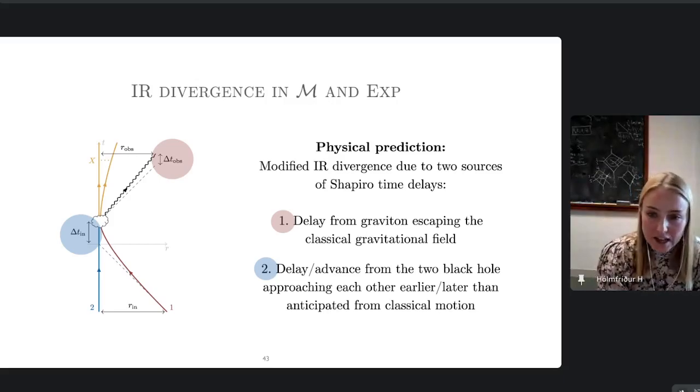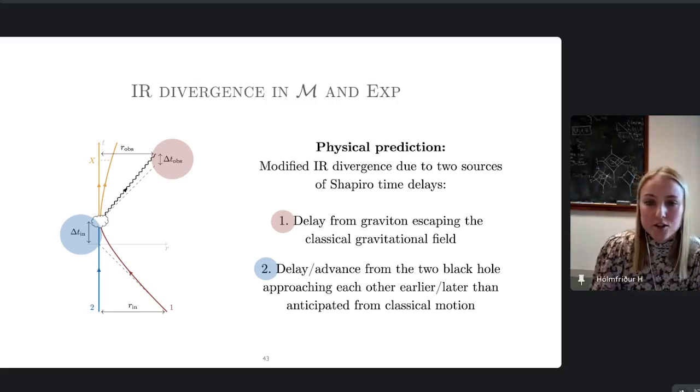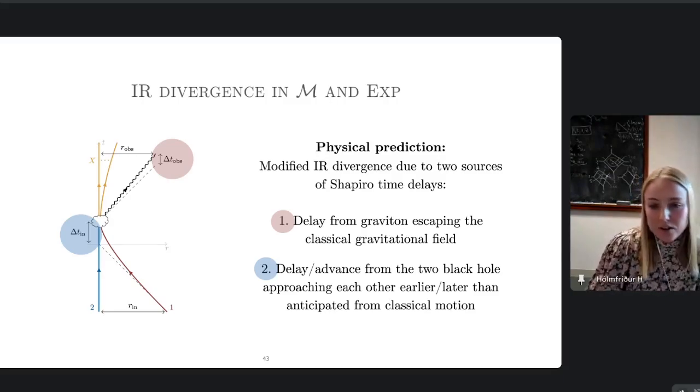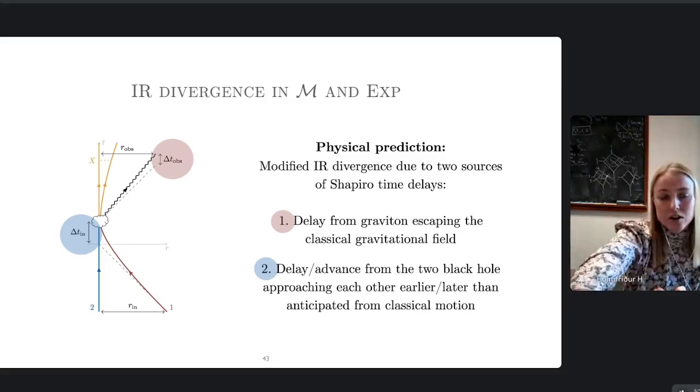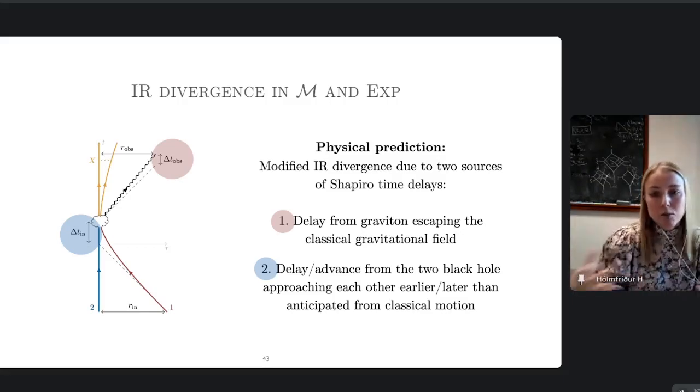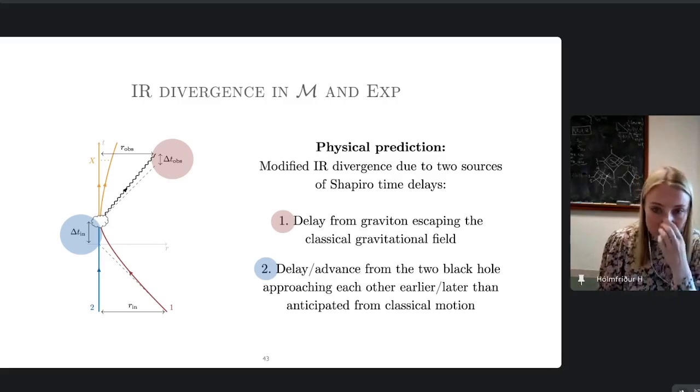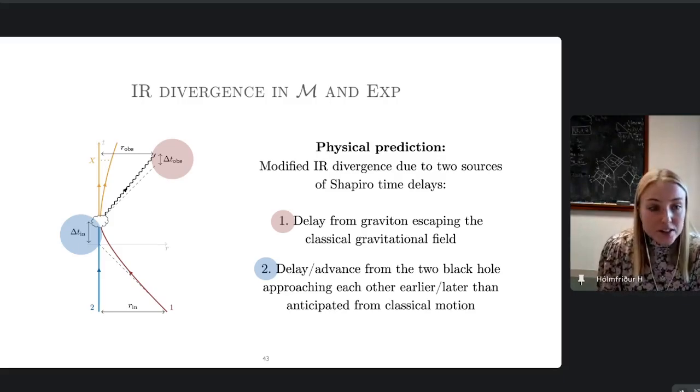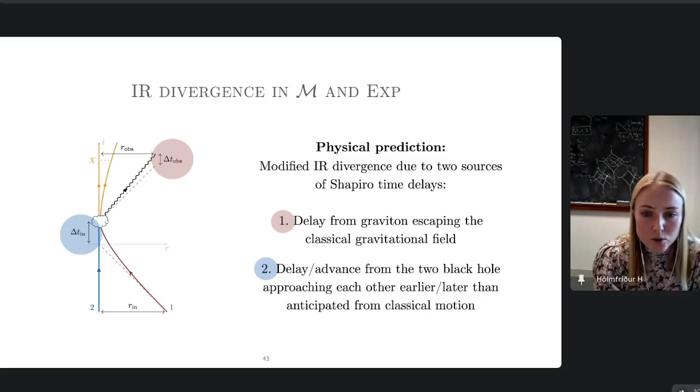One delay is from the graviton escaping the classical gravitational field, and this one is very easy to understand. It's basically the usual redshift as the graviton is moving along to future infinity, but it still knows about the classical gravitational field of the black holes that are still there in our spacetime. But there's a different source of infrared divergence that we label with 2 in blue.